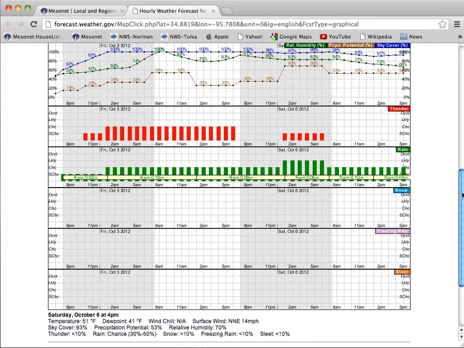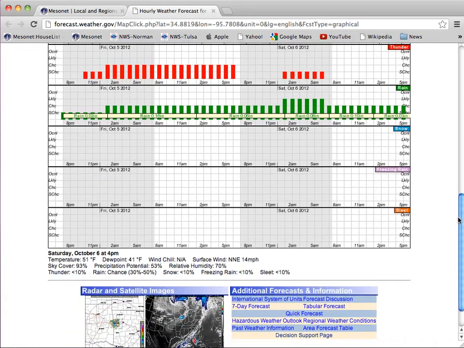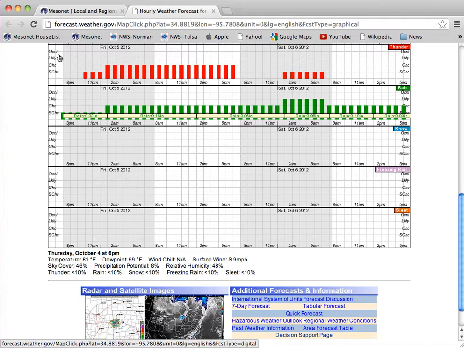Just below that is the chance for thunder, and the indications are over on the left: a slight chance, likely, and then occasional. And occasional is a term that the Weather Service uses for something that's very likely.